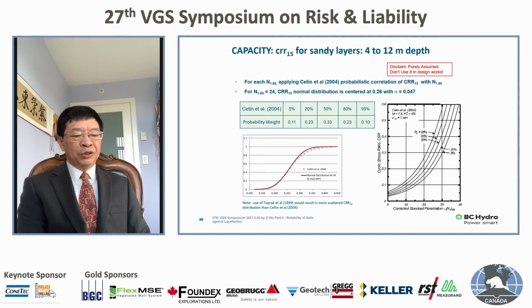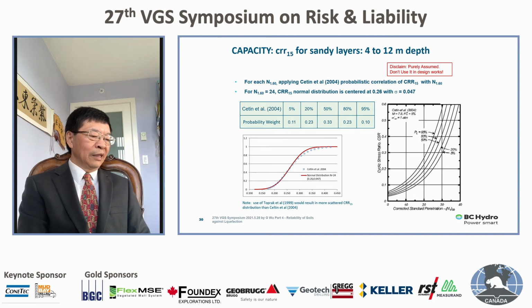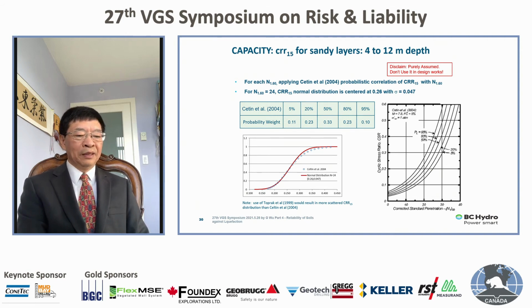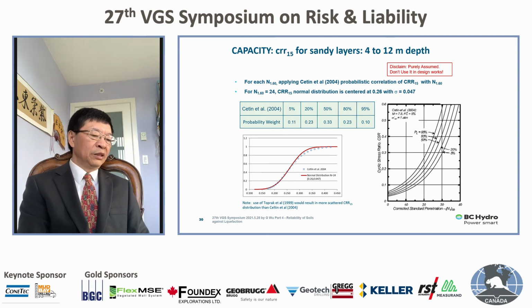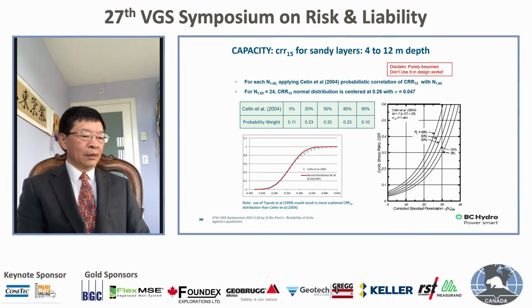At the bottom curve, which shows the 5%, they only liquefy if the N160 is less than that curve. So there's a distribution. In that case, I have characterized these 5 curves by applying the probability weights according to Seed. That is the comparison in the left figure: the circles from the sampling or Seed's method compared with the normal distribution in red. Next slide, please.